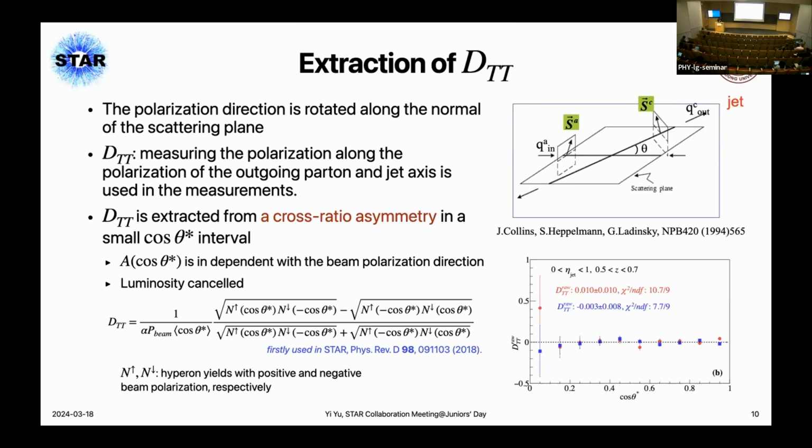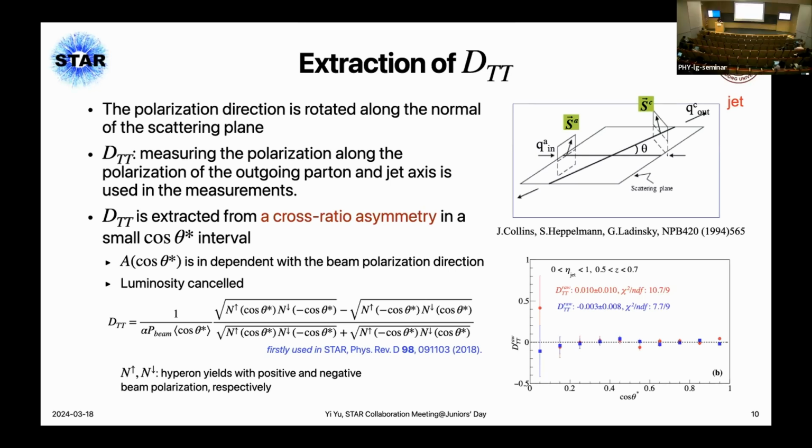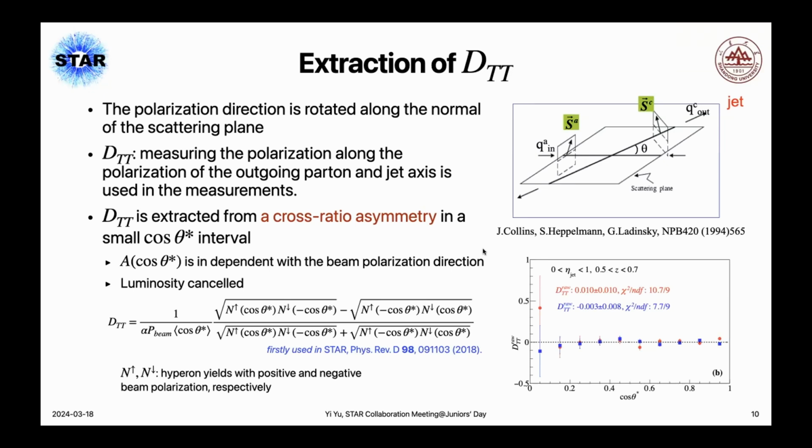Sorry, but the first part was, did you check whether the jet axis is a good approximation for the outgoing parton? Actually, we did in the analysis. When correcting the Z, we need to match the detector jet to the particle jet.